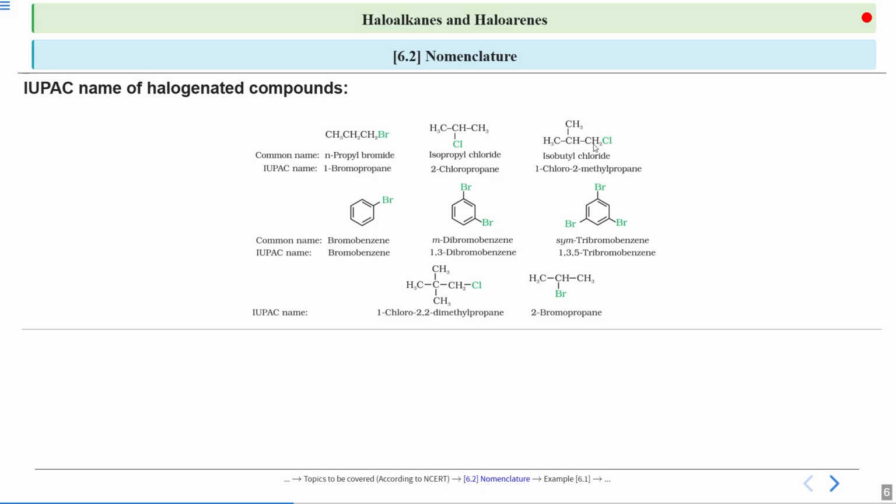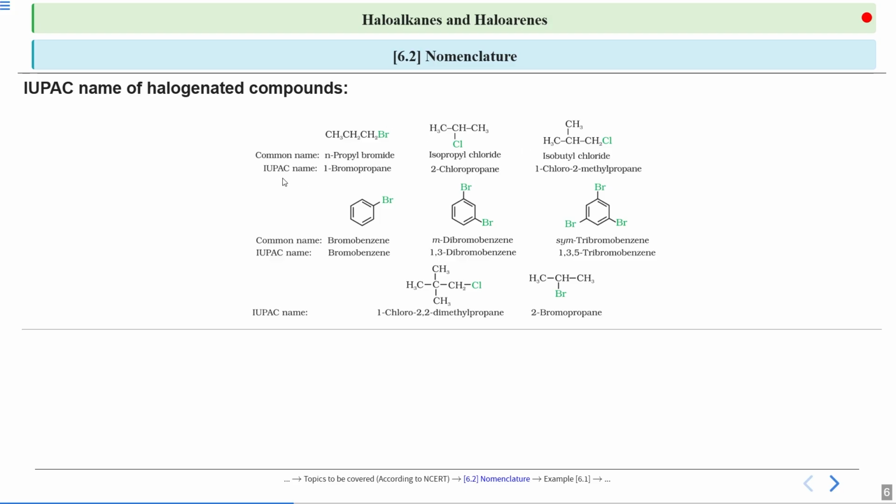Like if you consider the rule that you have to number the longest possible chain in such a way that the halogen substituted carbon will get the lowest possible number, then 1 should be here, right? So 1, 2, 3. At the second position, we have a methyl group as a substituent. So that's why we are writing here isobutyl chloride. Okay, with the chloride, we are not writing any number. So this is isobutyl chloride.